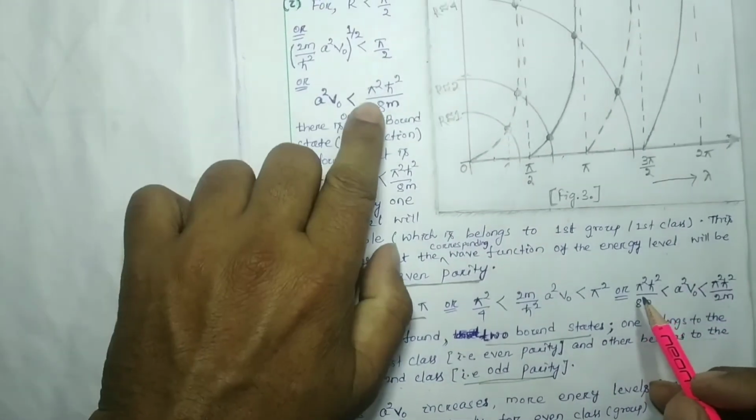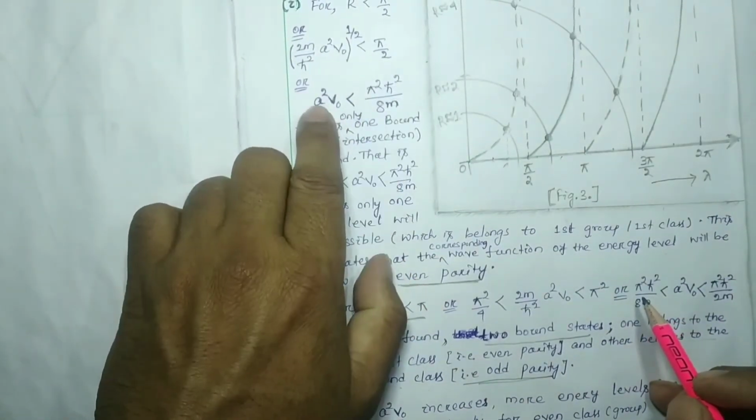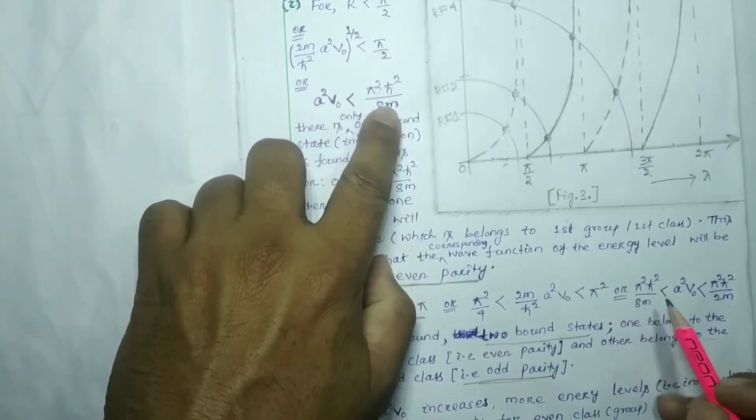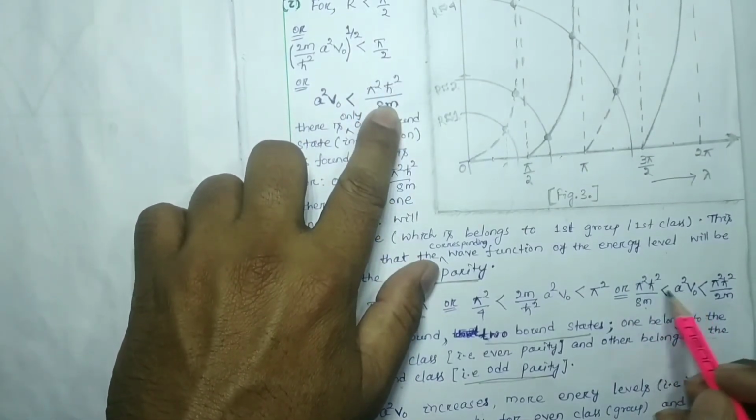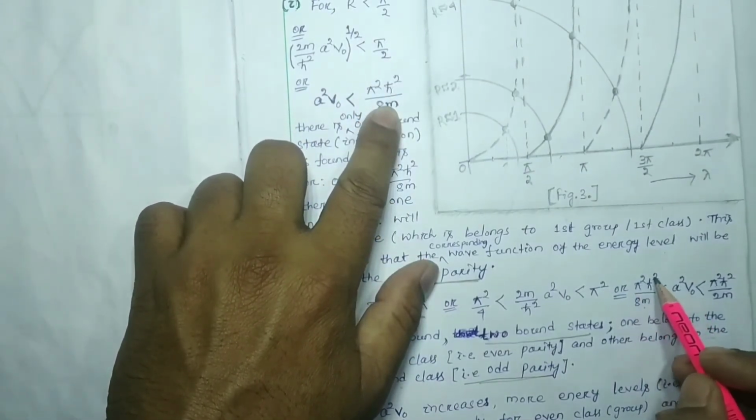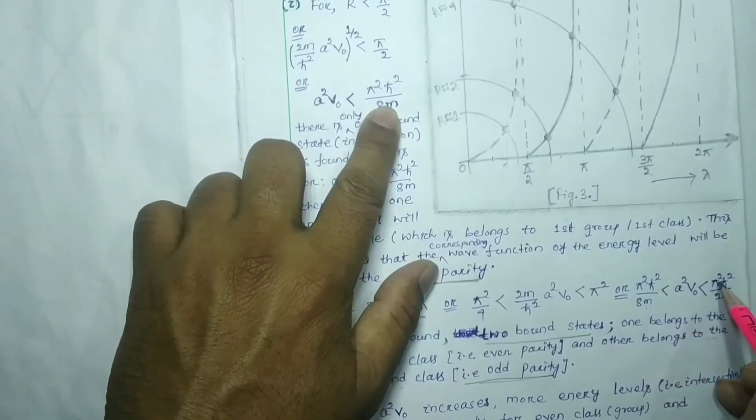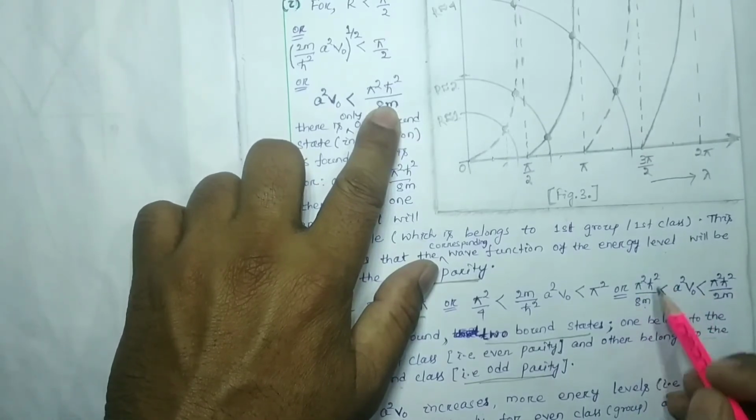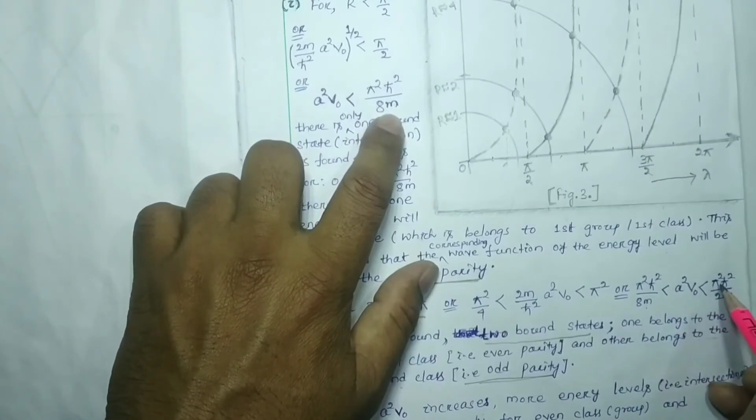That means here it is less than π²ħ²/2m, but in this case, in between, it is greater than π²ħ²/2m but less than π²ħ²/8m.